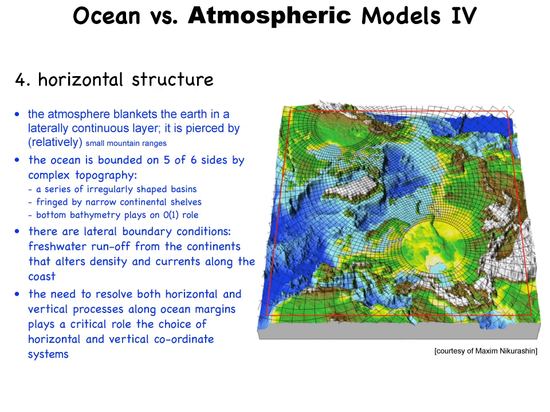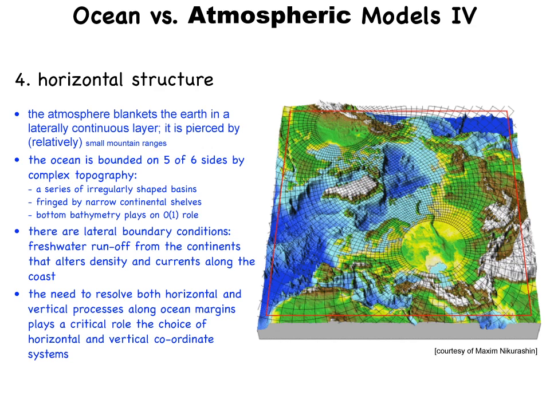So we have a series of irregularly shaped basins. They're fringed on the edges by relatively narrow continental shelves with really steep continental slopes. And we have this complicated bottom bathymetry that, for the ocean circulation, plays probably an order 1 role in the deep currents. And so we can't really neglect the impact of that.